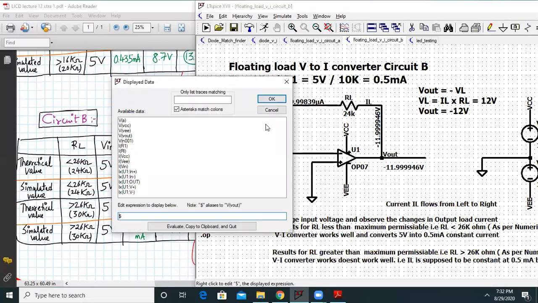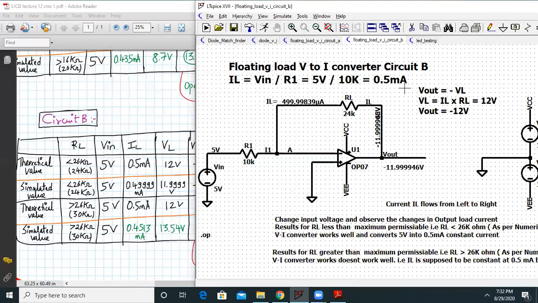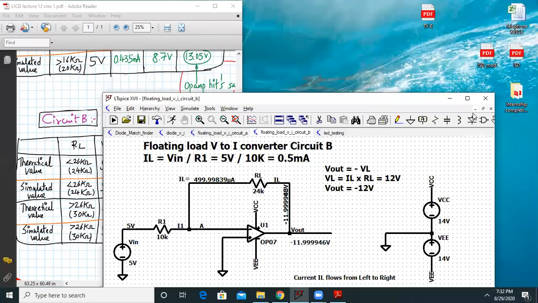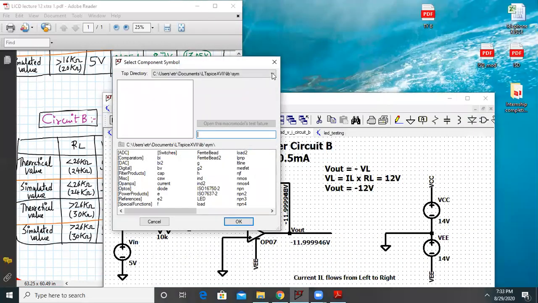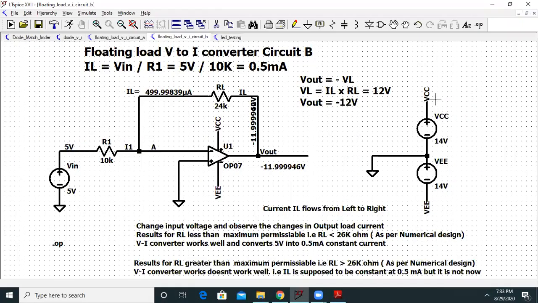Here I am demonstrating how to get the value of VL. It will be this node voltage minus this. I'll just do that. So this value is coming out to be this one. As you can see clearly, I think it's overridden. Okay, so this is the value of VL.